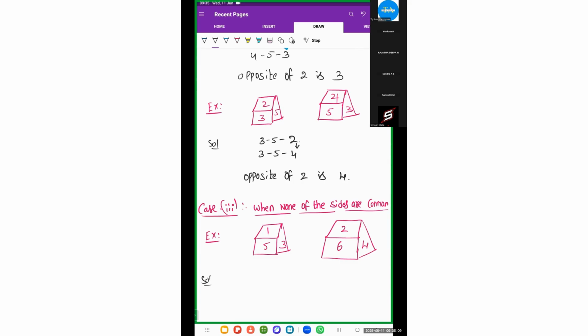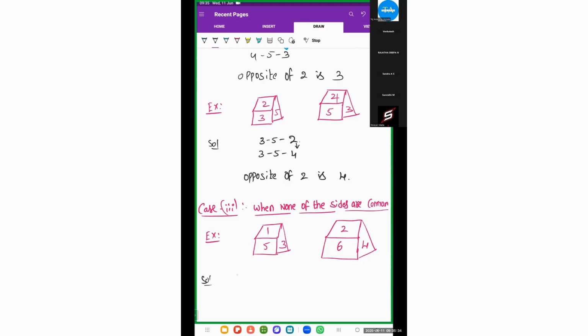Standard means opposite faces sum is 7. Ordinary dice means adjacent faces sum is 7. When I see if the adjacent faces sum is 7 in the first one, no. In the second one, any two adjacent faces sum is 7, no. So we know this is a standard die.